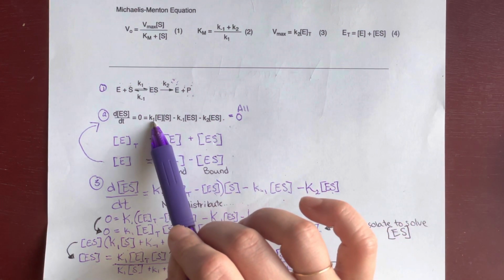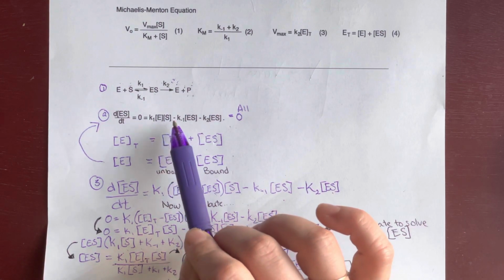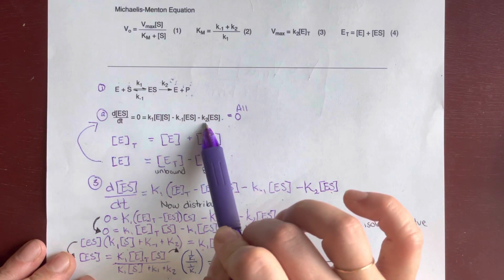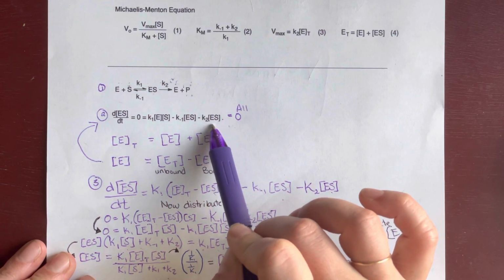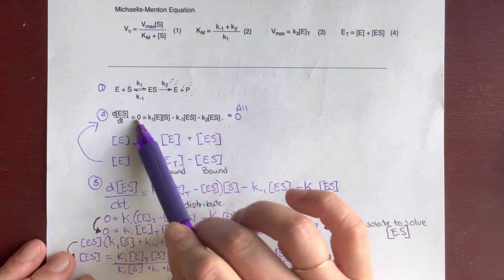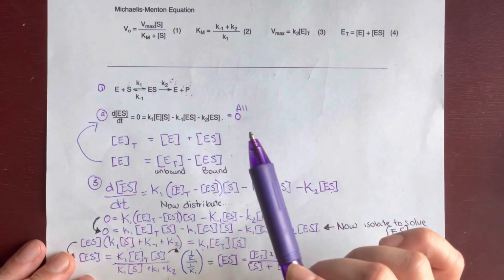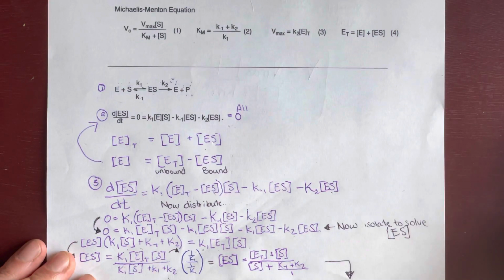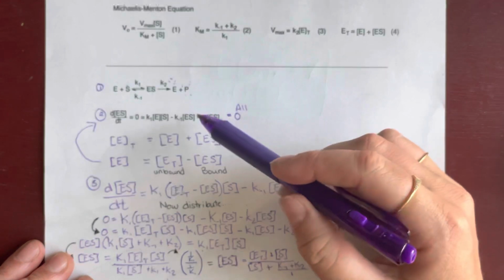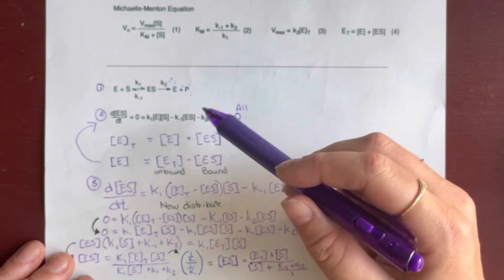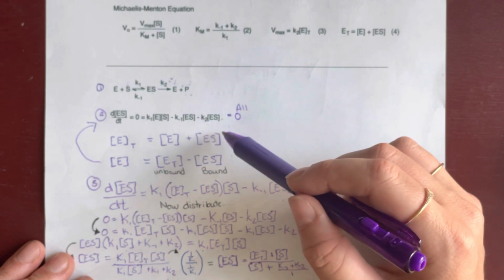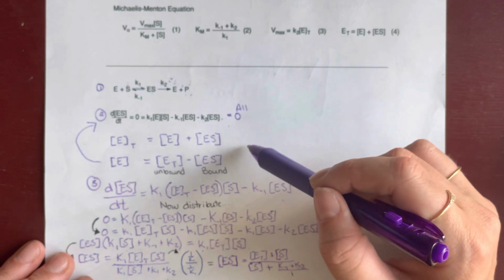Here we have K1 times E times S minus K negative 1 times ES minus K2 times ES. This is written out in a way that gives us 0 in this equation. So the reaction K1 minus K negative 1 consumes ES, K2 also consumes ES, and it all equals 0.